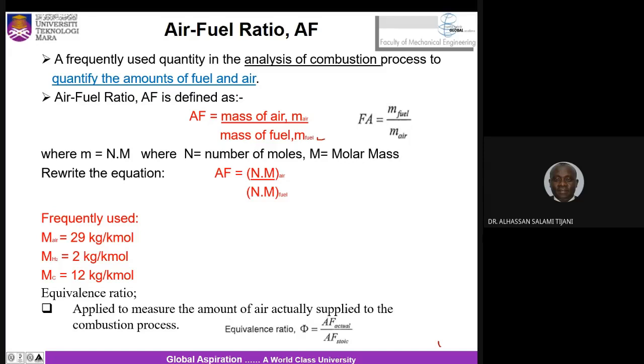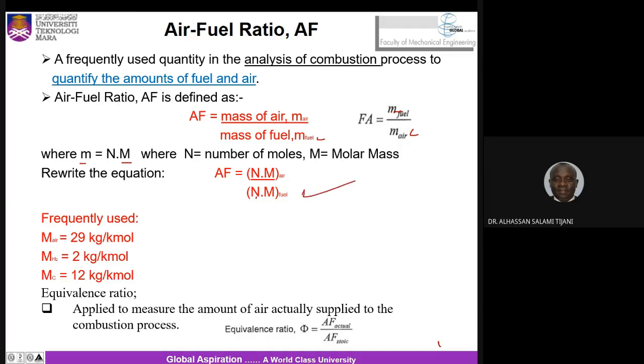So we can also have fuel-air ratio. Fuel-air ratio is the mass of the fuel divided by the mass of the air that is present in the combustion, where the mass is the number of moles times molar mass. All right? And it can be expressed in this equation.